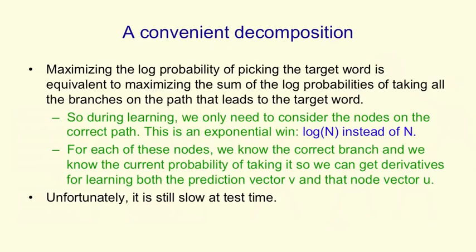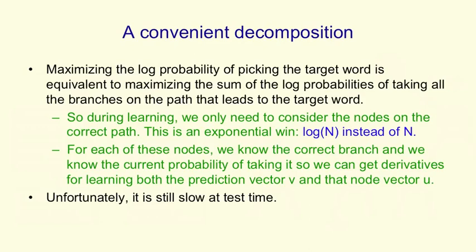So we benefit from a nice decomposition here: when we try and maximize the probability of picking the correct target word, we're really trying to maximize the sum of the log probabilities of taking all the branches on the path that leads to that target word. So during learning, we only need to consider the nodes on that correct path. And that's a huge win.